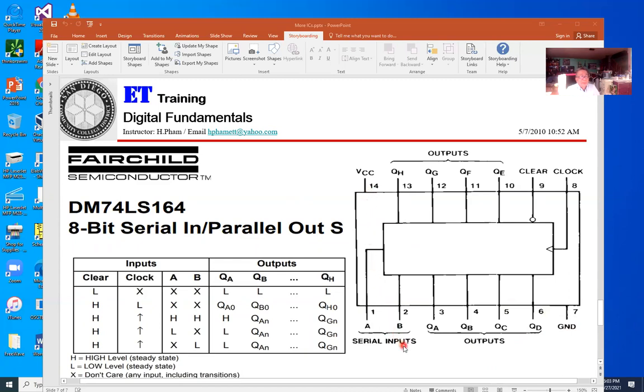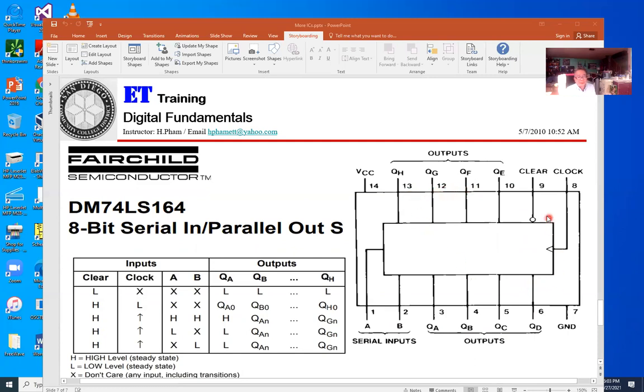Now, you get serial inputs A and B, pin 1 A, pin 2 B. And then you get the outputs, 8 outputs: QA, QB, QC, QD, QE, QF, QG, QH.